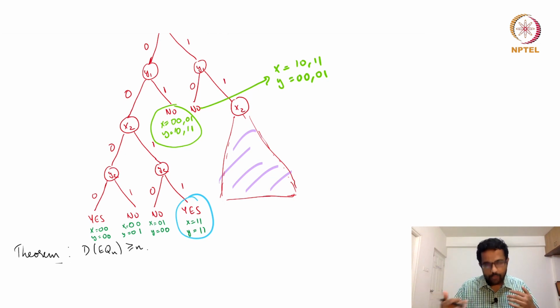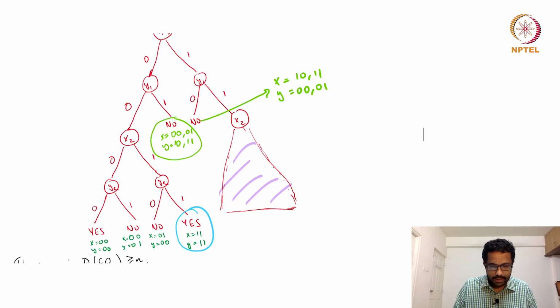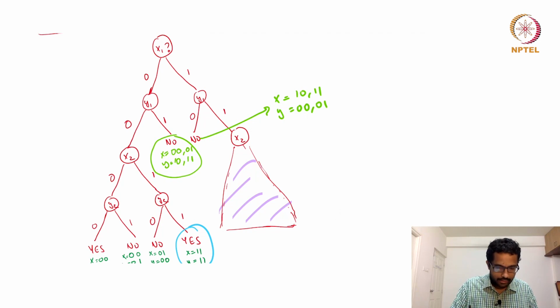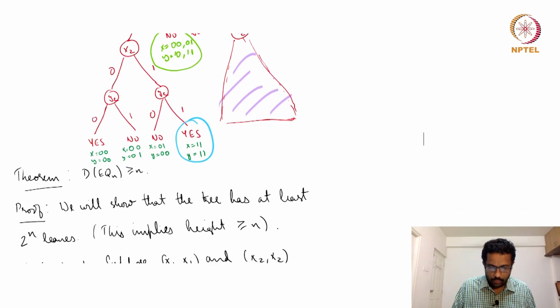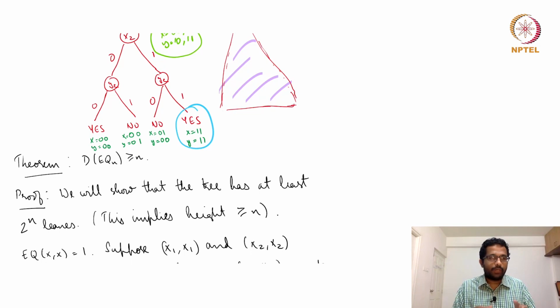So which input pairs reach where, and how are they divided? One thing must be clear: any specific input pair reaches only a specific leaf. It cannot go to 2 different leaves, because each of these questions is deterministic and has deterministic answers. So one specific input pair follows a certain path. It cannot go into 2 paths. That possibility is not there.